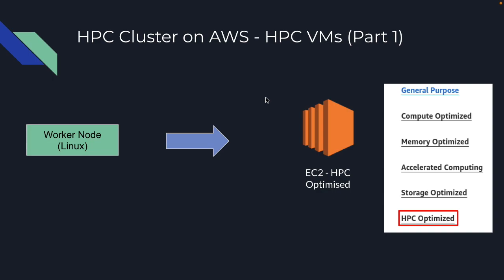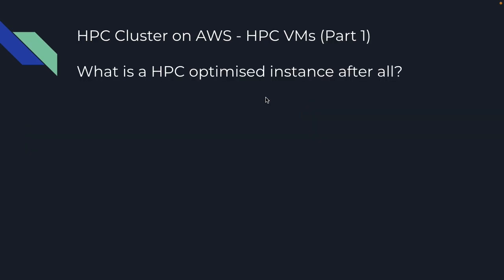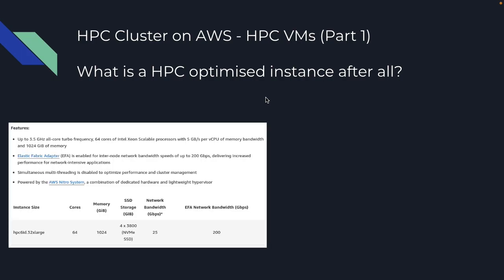And if you have a sharp attention to detail, you have noticed that we have one instance family called HPC optimized. Now, what makes an HPC instance family an HPC instance family? Well, what is the difference? I think that's a fair question.